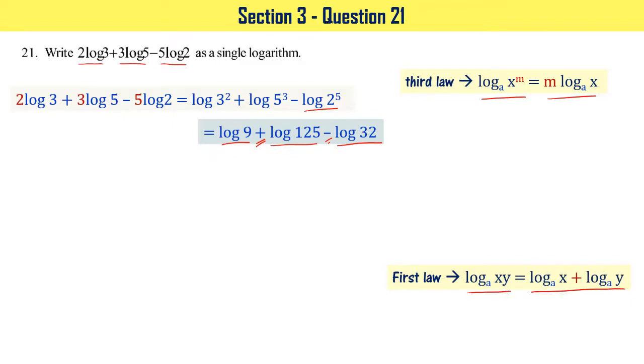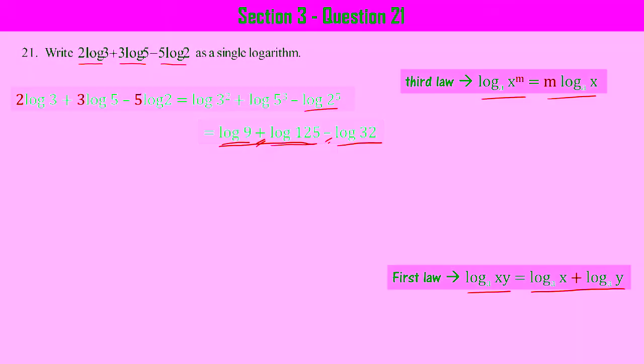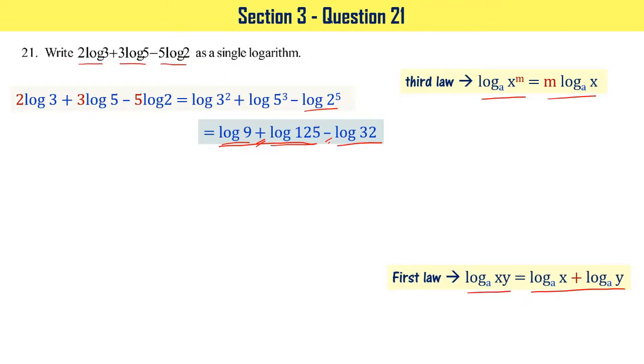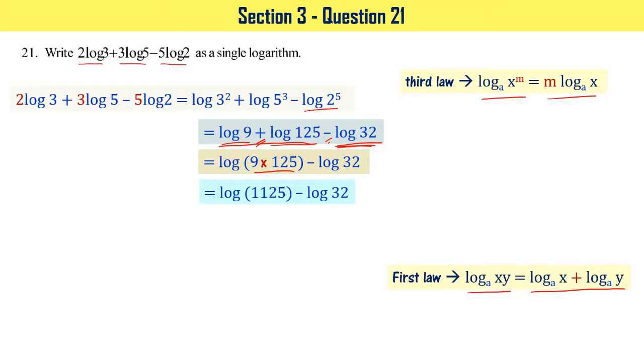If you apply the first law for these two, log 9 plus log 125, we can write it as log 9 times 125, right? Let's keep this as is for time being and write it now. Log 9 times 125 minus log 32, right? Let's simplify this. 9 times 125 is 1125. Now we have log of 1125 minus log 32, right?